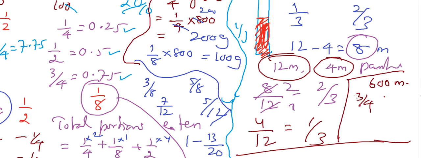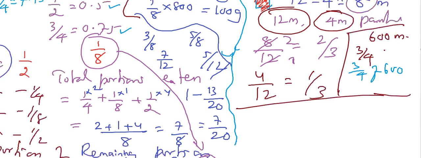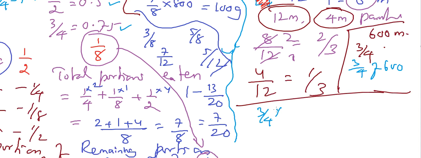Distance walked is 3 by 4 of 600 meters. So if we simplify, 3 by 4 into 600. See here, simplify 1 time 4. Remainder 2, so 20, 5 times, so 150. So 150 into 3, 450. So that means you have walked 450 meters.